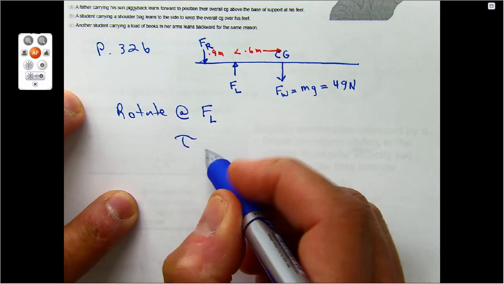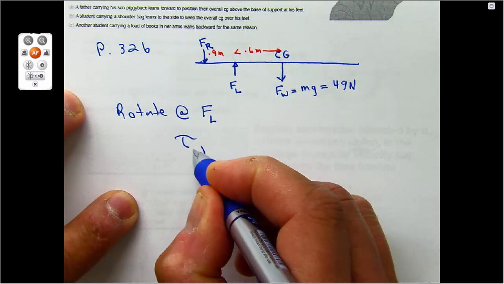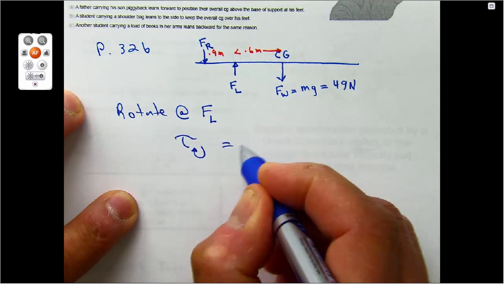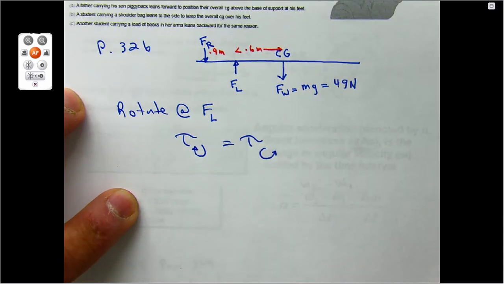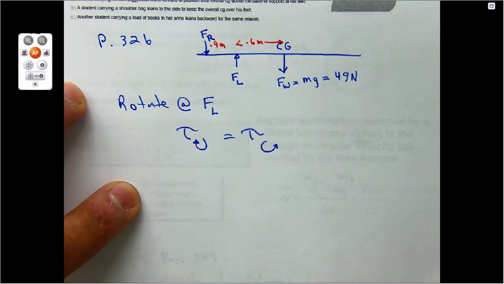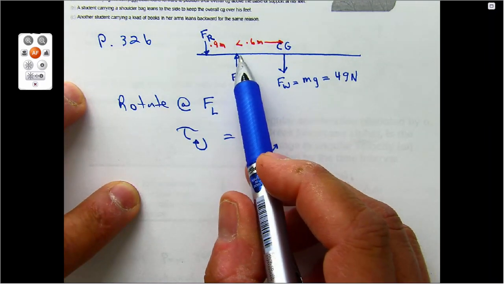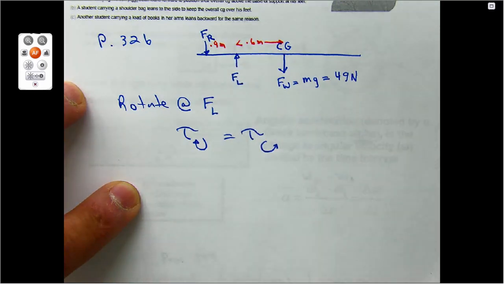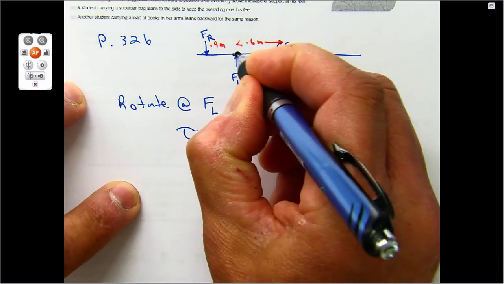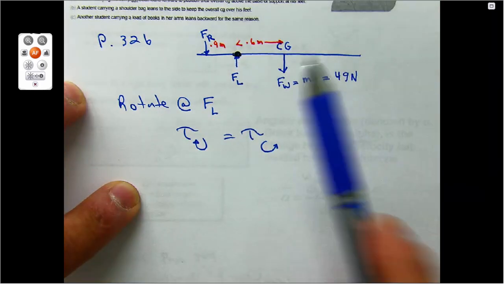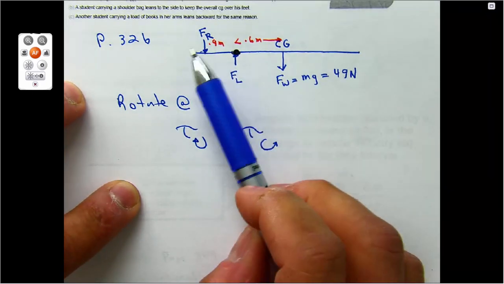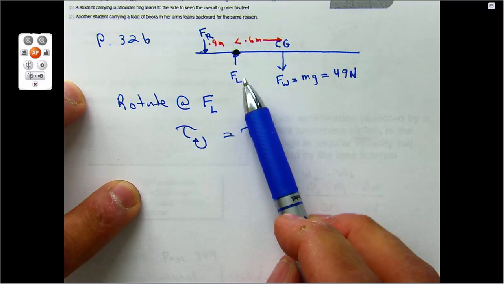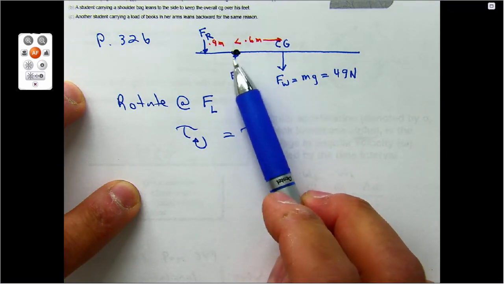And then we'll say the torque clockwise will equal the torque counterclockwise. What's going to make it, so we're rotating right here. Again, you can pick whatever point you want to rotate, but we need to find these forces. So we'll rotate it right there, and then we eliminate that.